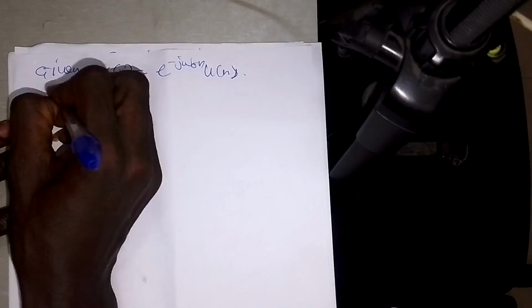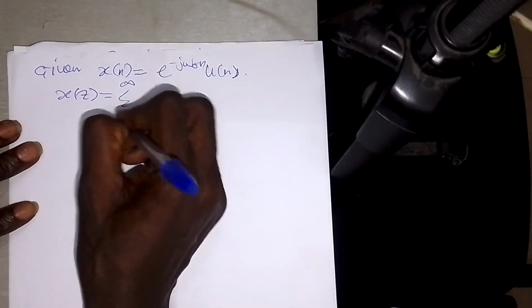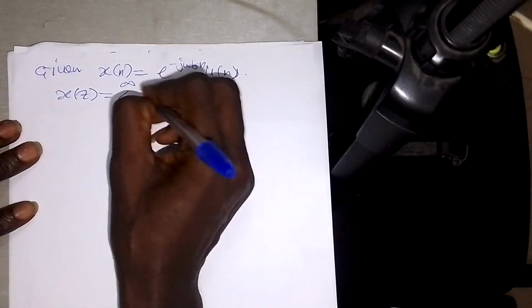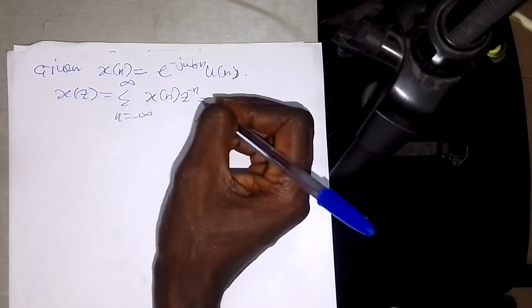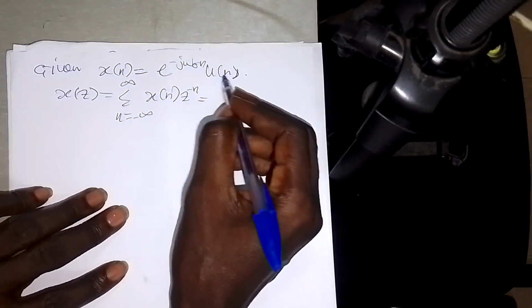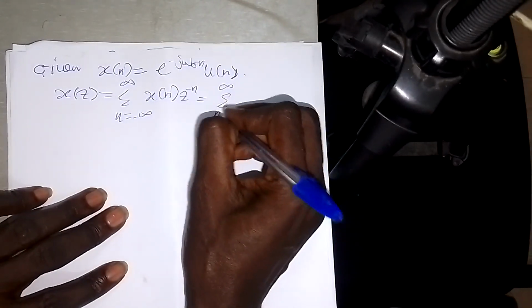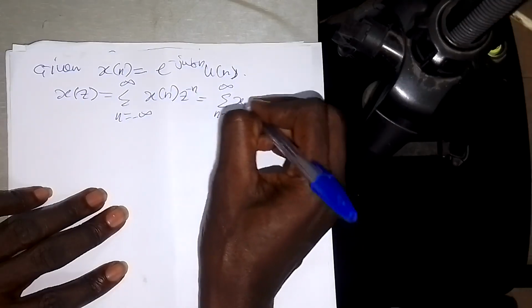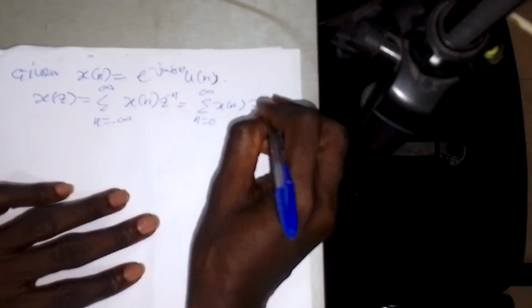So now here, X of z is equal to summation n equals minus infinity to infinity of x of n into z minus n. U of n means that the unit step is starting from 0. So now I have here summation n equals 0 to infinity of x of n into z exponent minus n.